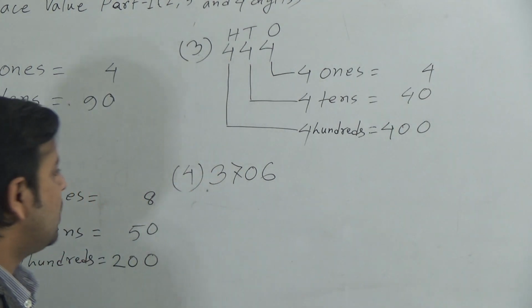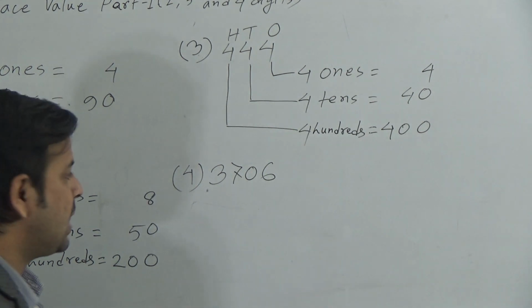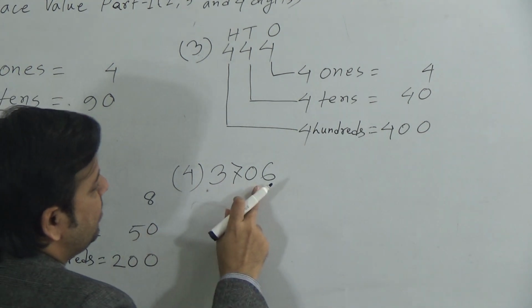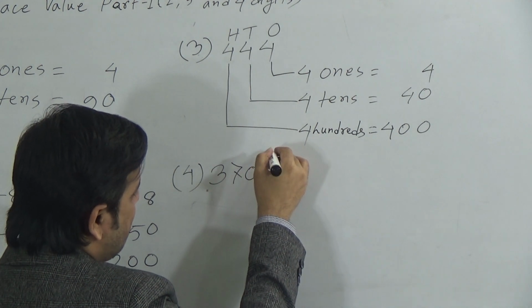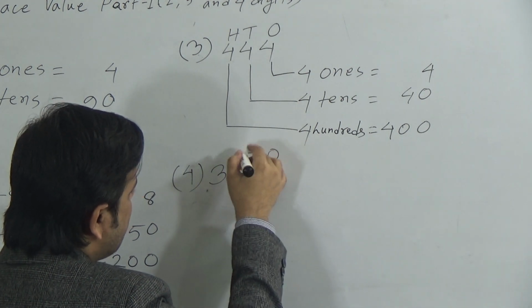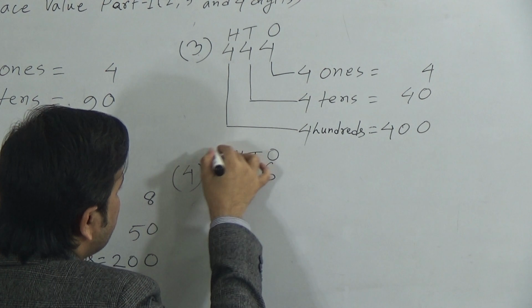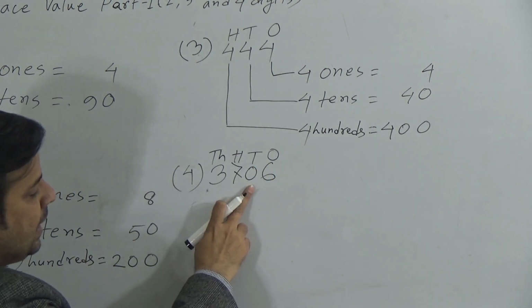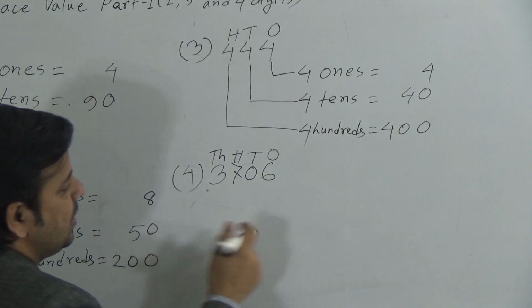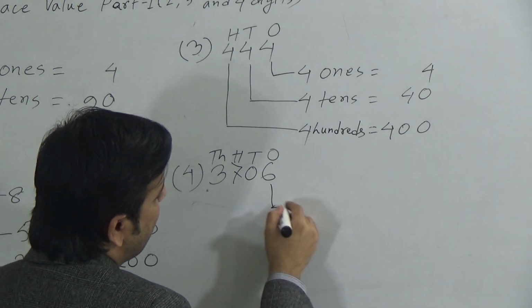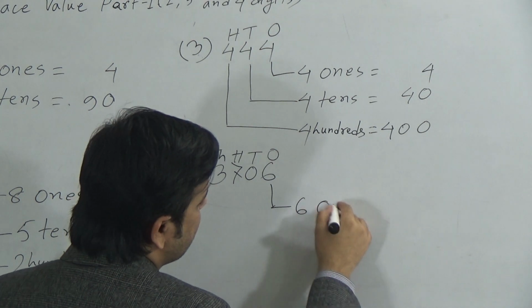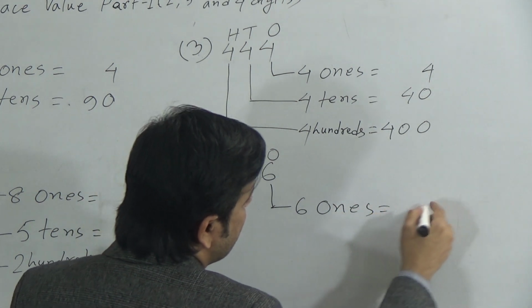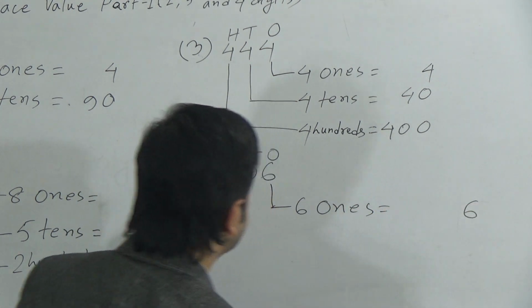Okay, dear students, now see our today's last question, that is 3706. Indicate the positions ones, tens, 100 and 1000. So we can say the place value of 6 is 6 ones. 6 ones means 6.